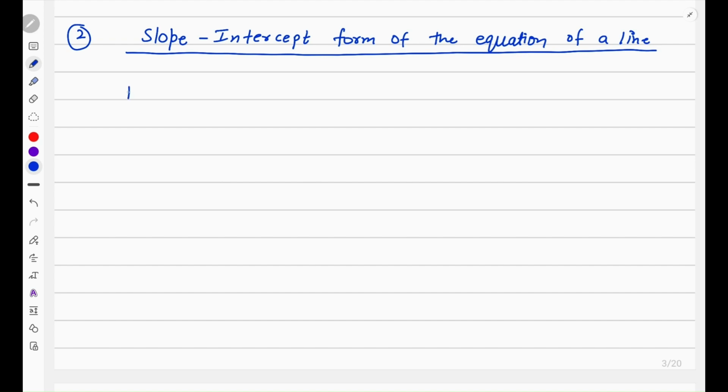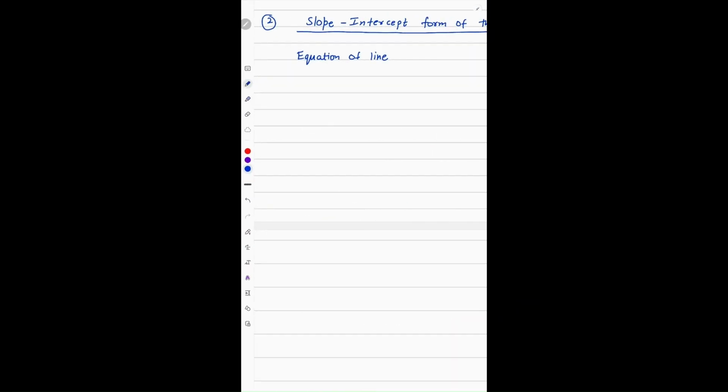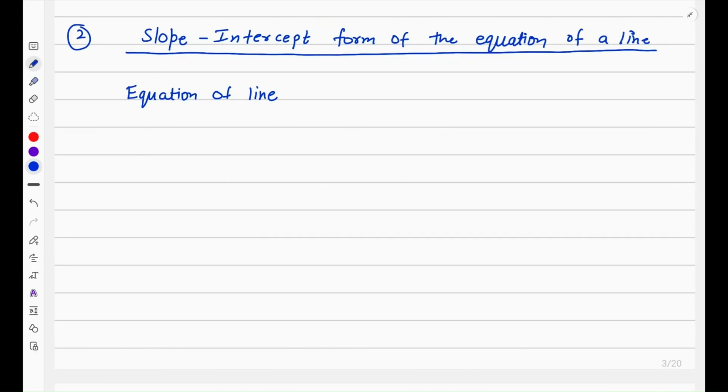So the equation of a line is ax plus by plus c is equal to 0.